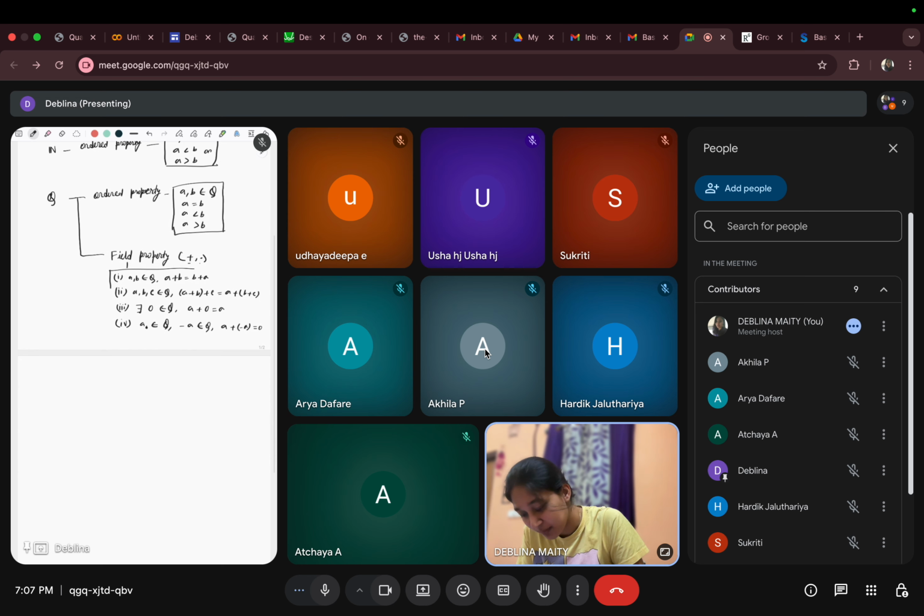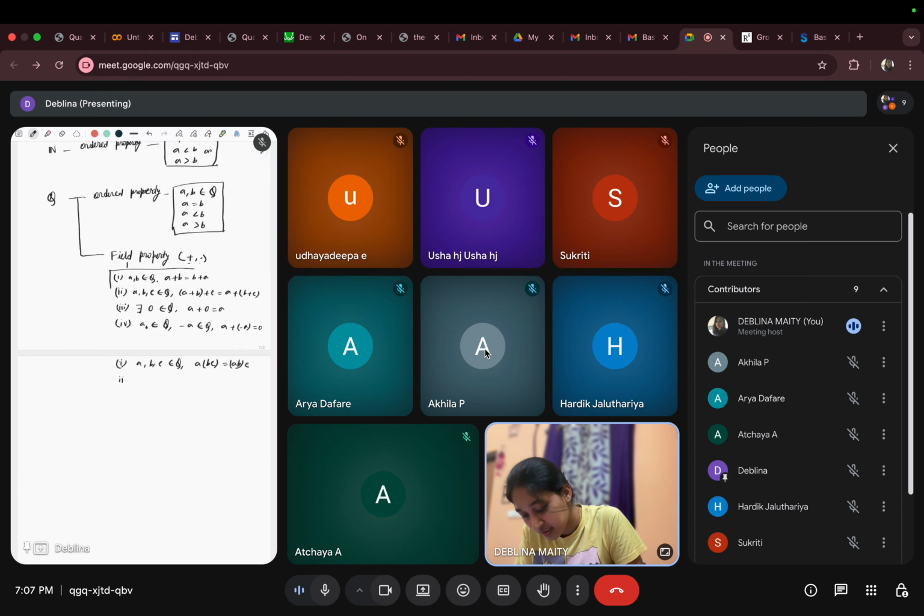And then the second, multiplication properties. For multiplication there are 4 properties. If a, b, c belong to Q, then a(bc) equals (ab)c.